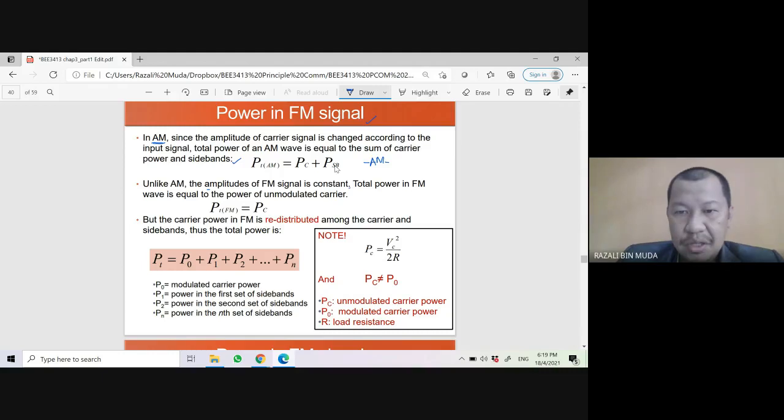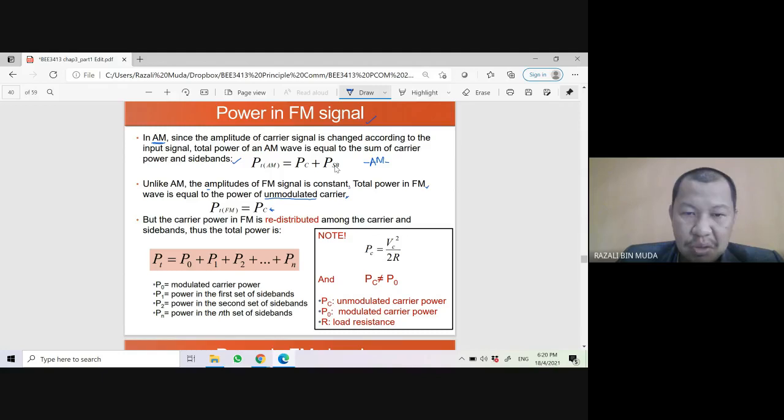Therefore, the total power in FM is equal to the power of the unmodulated carrier, PC. So the total power of the frequency modulated signal equals the total power of the unmodulated carrier. But the carrier power in FM is redistributed among the carrier and sidebands.